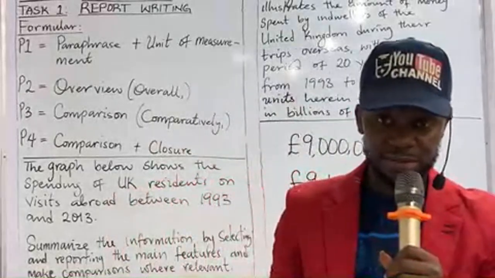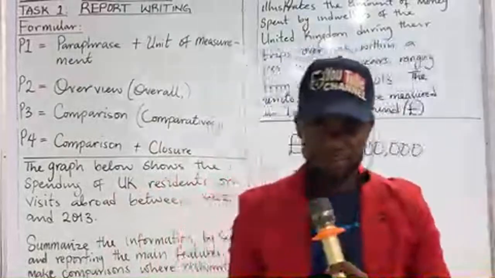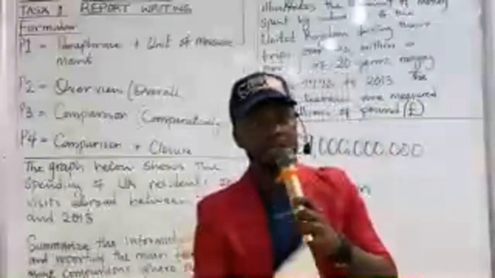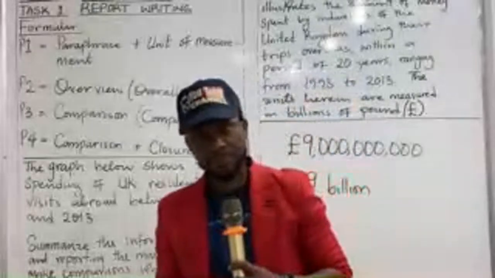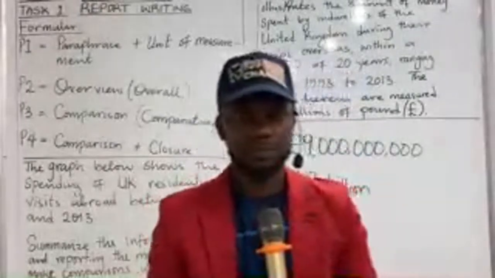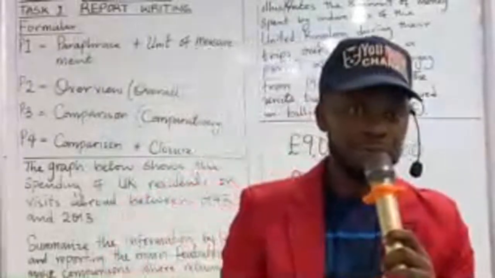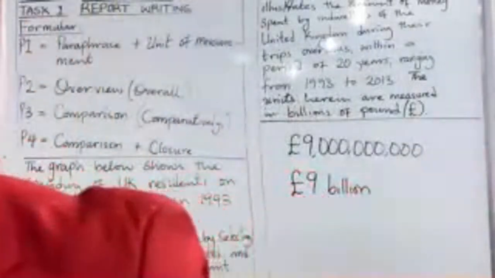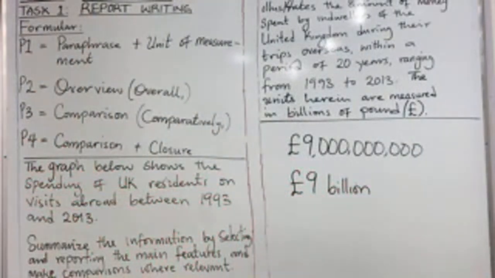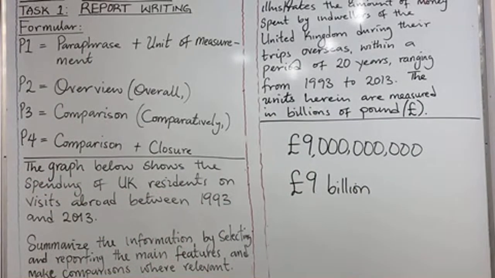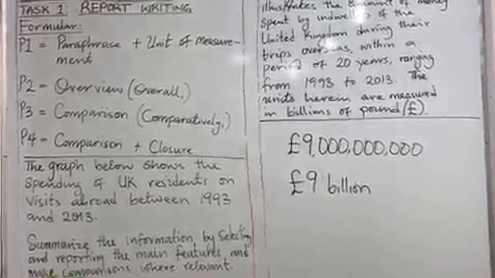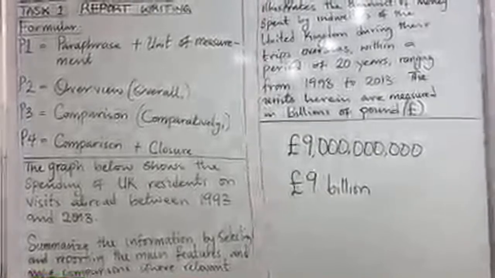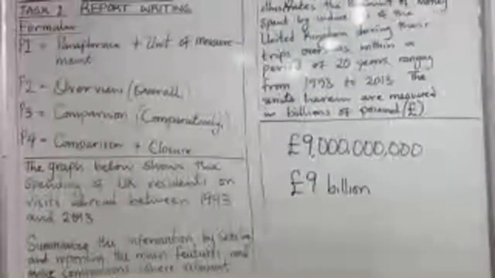Is that taken? Mrs. Daisy, are you there? Can you hear me? Yes, 0.8 billion can be expressed as 800 million.